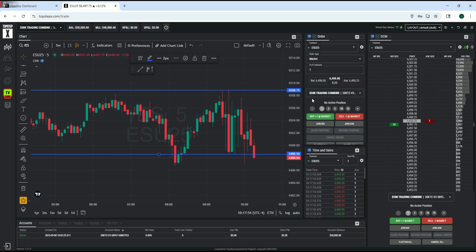Ah, there it is. There's the break. All right, candle's got to close below it. I think I like the idea of, if the candle closes below, actually risking off the 6,500, just in case we come back and wick through this.